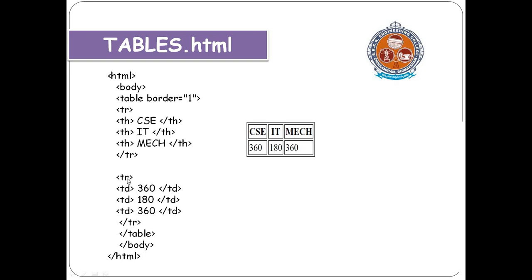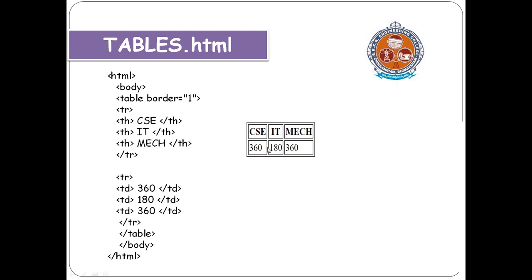Then next we open the second row, the second tr. In that we have to define data, that means table data in cell format. So td 360 is placed in the second row, first table data cell. Then td close, and then open td.